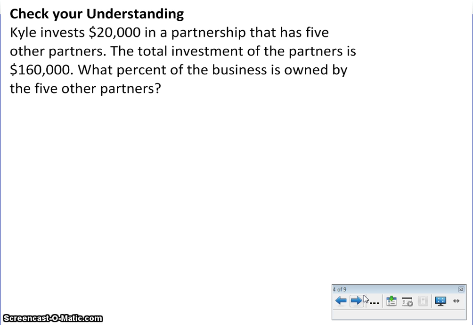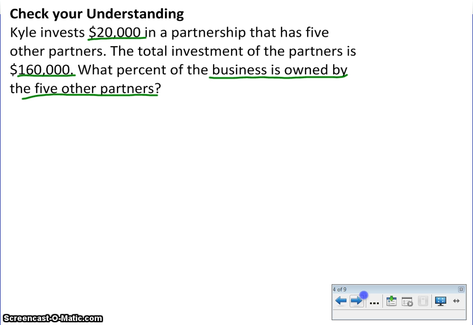Okay, Kyle invests $20,000 in a partnership that has 5 other partners. The total investment for the partners is $160,000. What percentage of the business is owned by the 5 other partners? So the question is, did you read the question carefully? It's not asking for Kyle's investment, it's asking for the investment of the others.